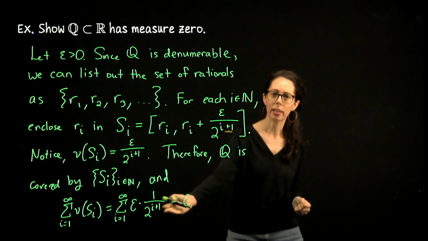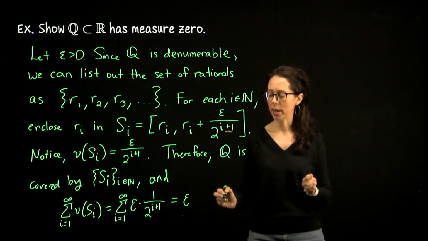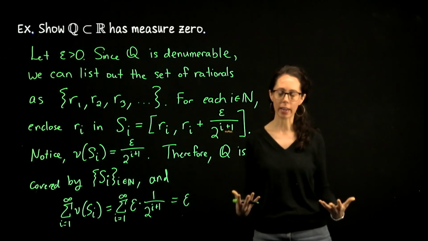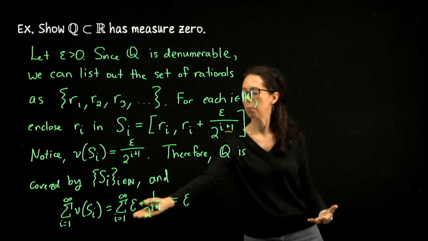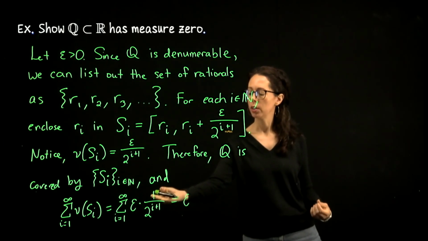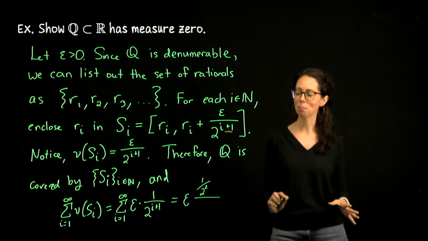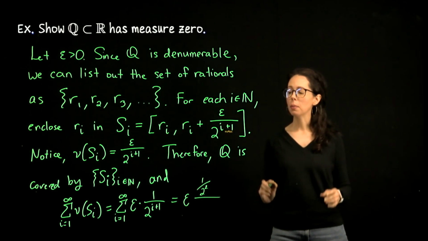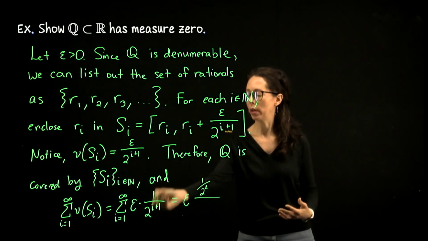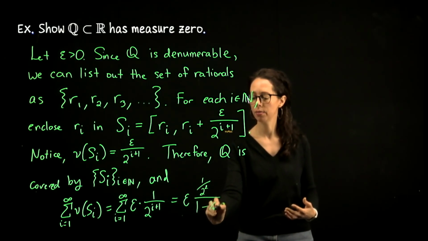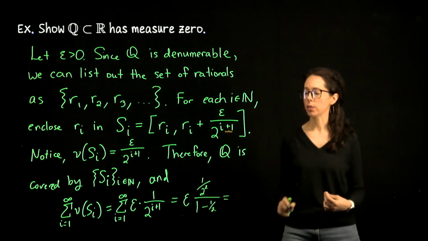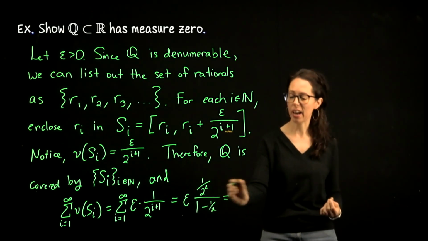You do first term divided by 1 minus what I would think of as the radius. So the first term, when I plug in i equals 1, is 1 over 2 to the 2. So 1 over 2 squared. Okay, so that's the first term. Divided by 1 minus the radius here, that's going to be 1/2. So 1 minus 1/2. Okay, so I have 1/2 squared divided by 1/2, so that's 1/2.